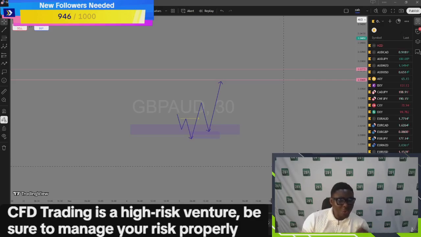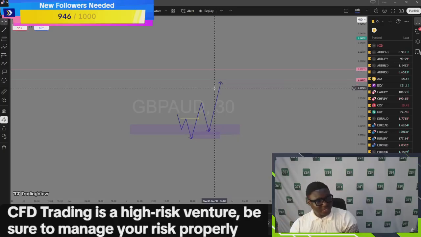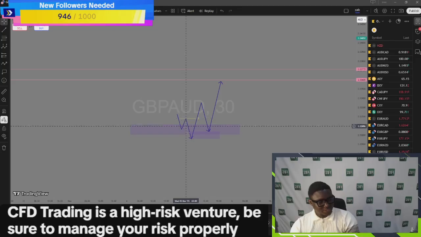One of the ways to avoid things like this, or to recover if such a thing ever happens to you, is that you can come here, on that time frame, and use the line chart. Based on the line chart, you wait for price to sweep above the key level that gave us the liquidity that took you out of your entry.